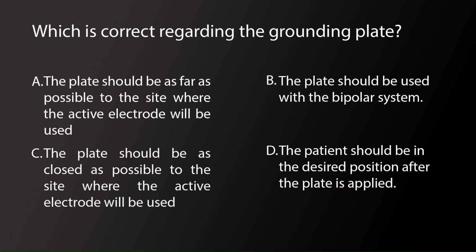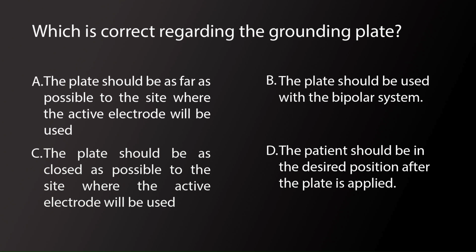Next question. Which is correct regarding the grounding plate? Option A, the plate should be as far as possible from the site where the active electrode will be used. Option B, the plate should be used with a bipolar system.